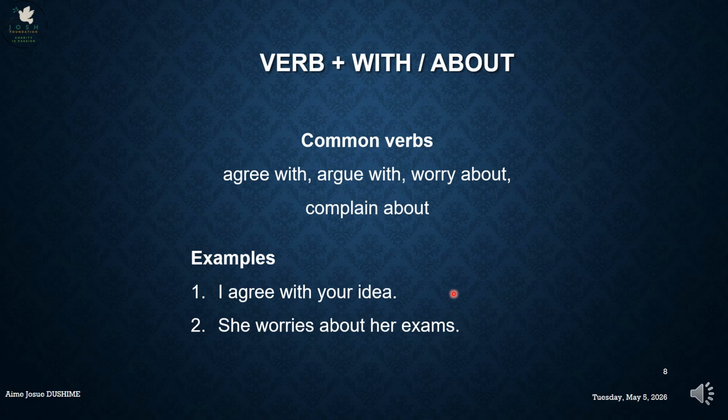That was a sort of a summary of the verbs followed by those prepositions. I wanted to use complain. You always complain about life. My friend argues with strangers every day.